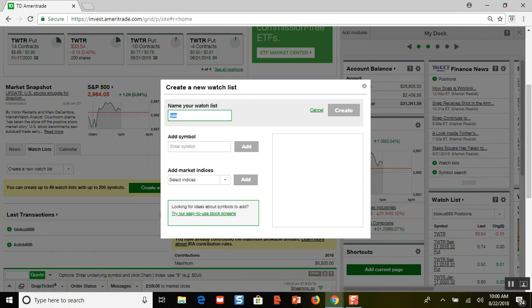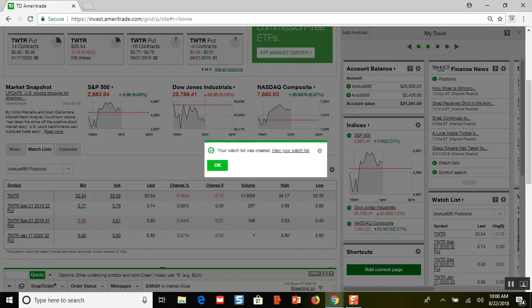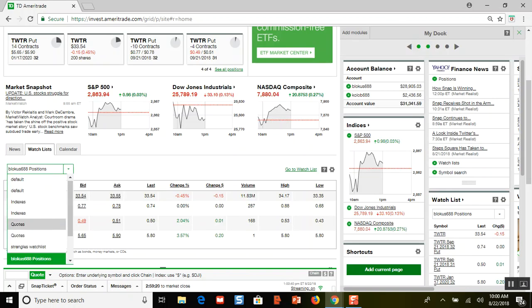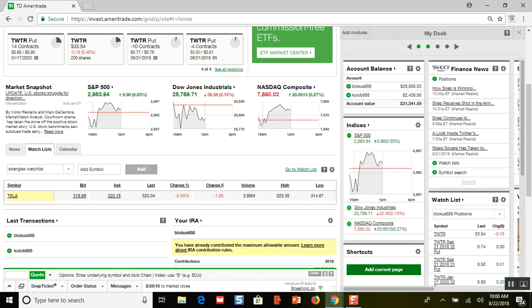Let's put in the name Strangles Watch List, and then I'll put in Tesla, TSLA, and hit add, and then create. My watch list has been created, and now I'll go to that watch list, Strangles Watch List, and there you go. I have a brand new watch list with a grand total of one stock.